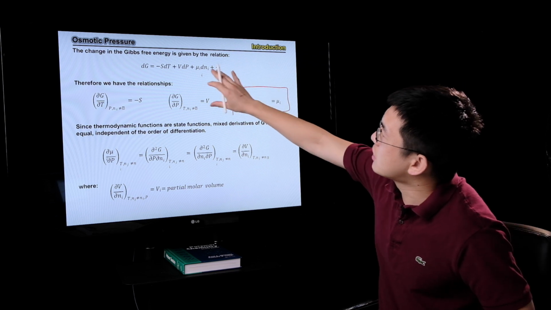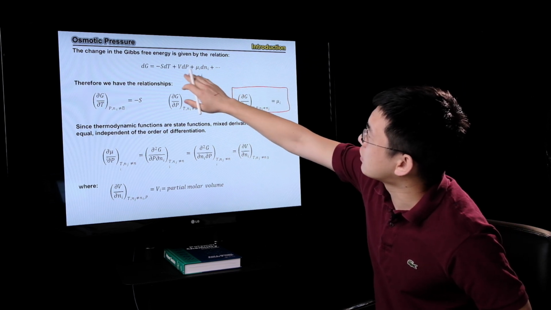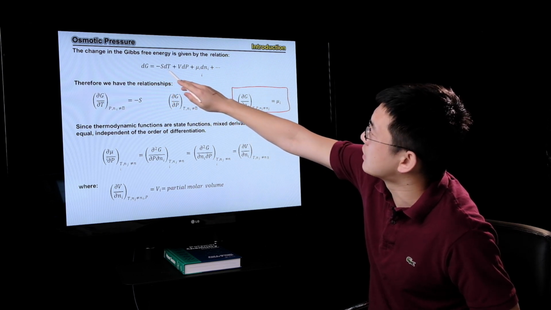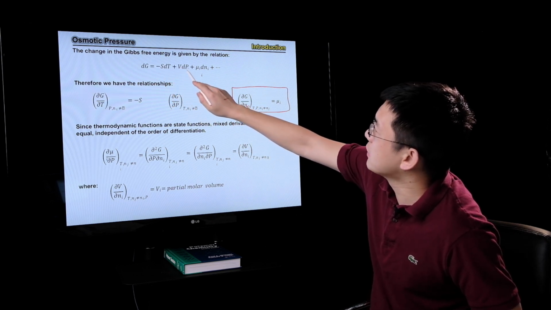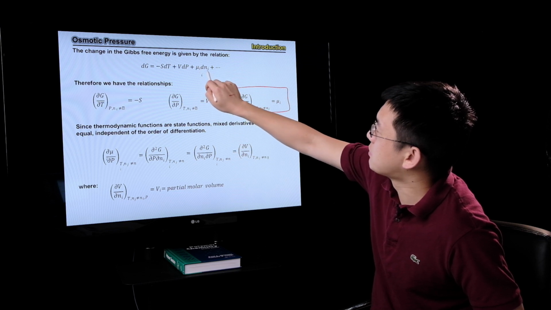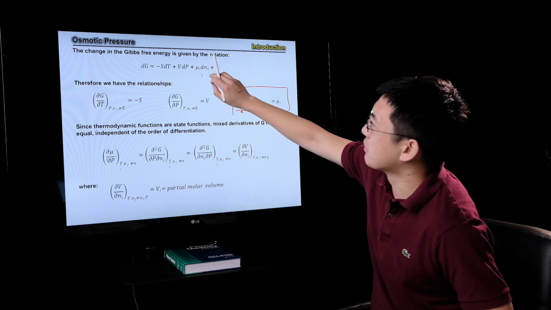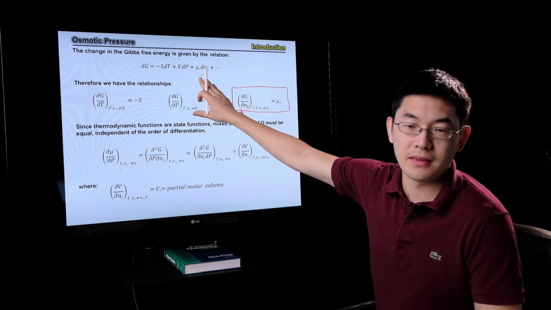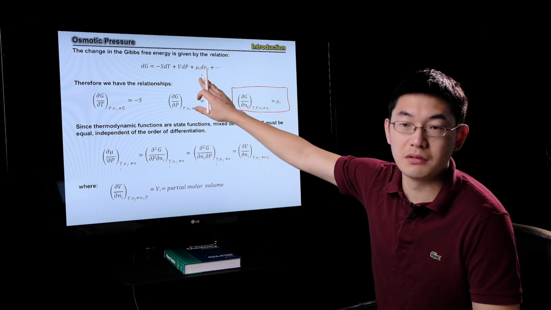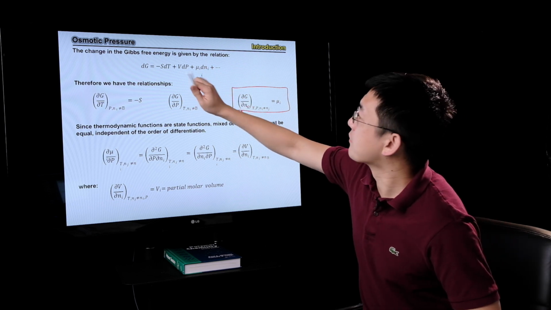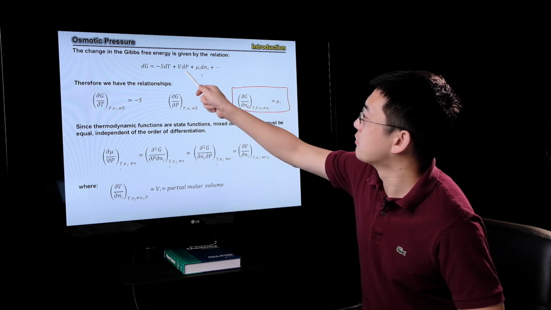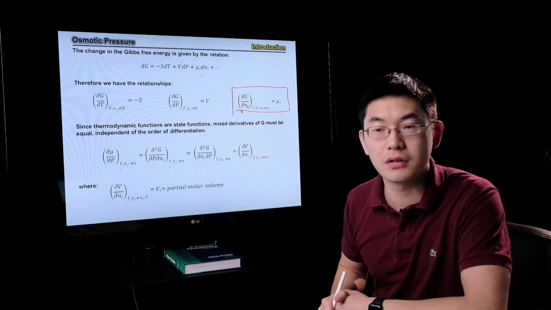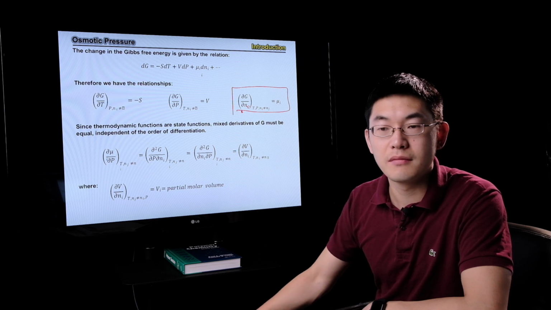And we can write a generic term as delta G equals minus S dT plus V dP plus chemical potential multiplied by dN. So this is another, more generic way to write the thermodynamics of delta G. It relates to S, T, V, P. P and V are pressure and volume change, and how much work you can get related to the volume.